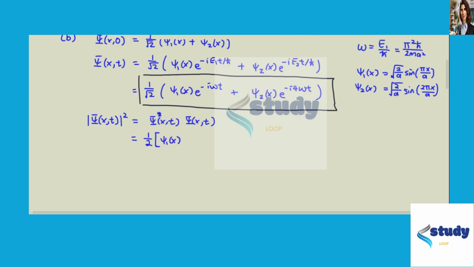Because the spatial wave function is real, I'm not going to put a star, but the time phase factor goes from minus i to i. Then psi 2(x) e to the i 4 omega t. So this is the psi star, and then the psi without the star, you can just copy.